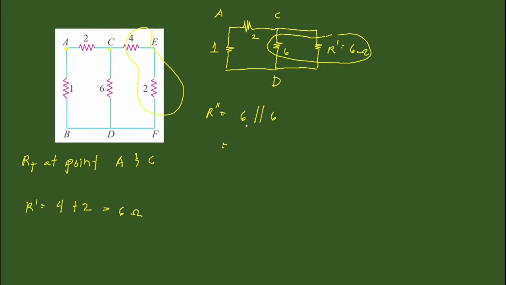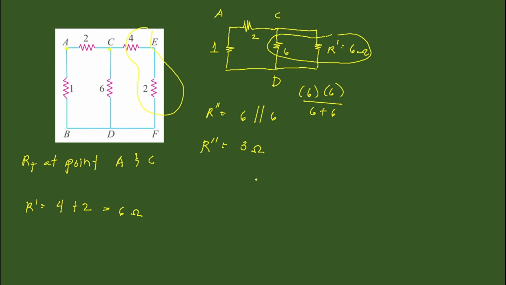So, 6 divided by 2 is equal to 3 ohms. Or 6 multiplied by 6 divided by 6 plus 6, using the 2-resistor formula. So, 36 divided by 12. That is equivalent to 3 ohms. So, same result. Okay, that's for the R2 prime.